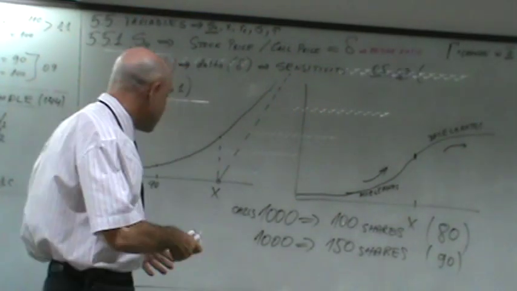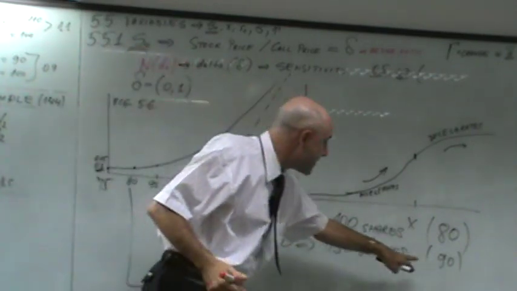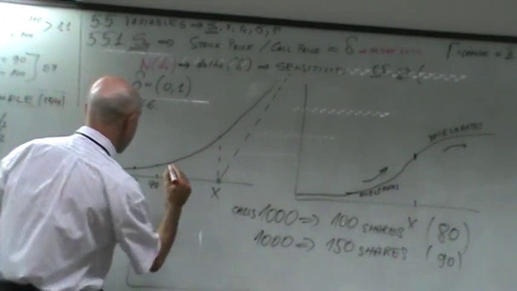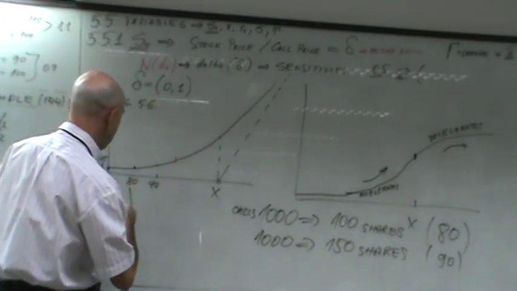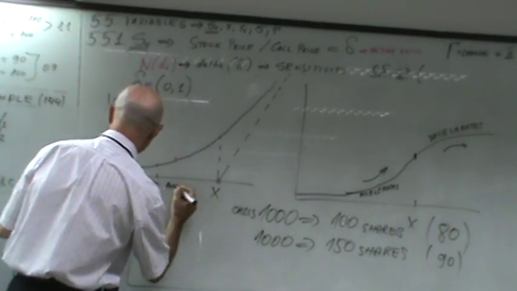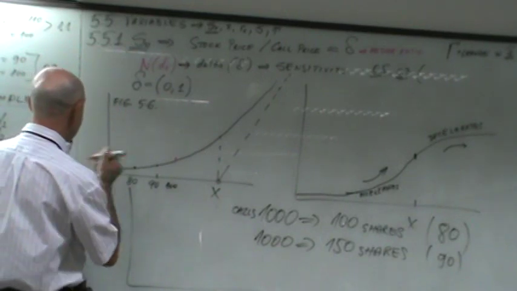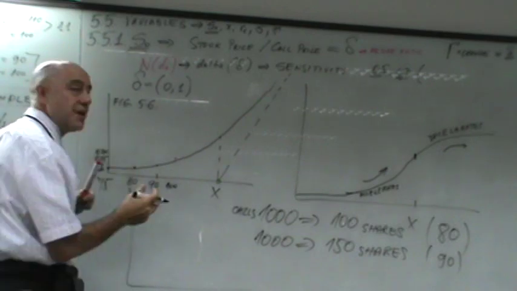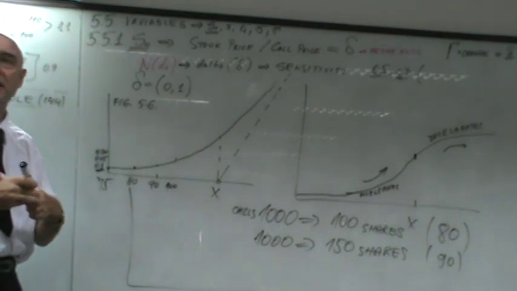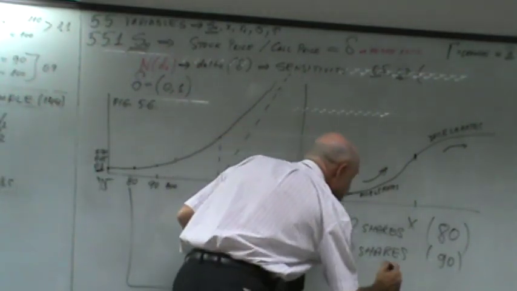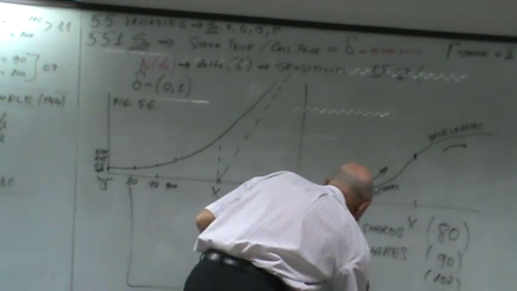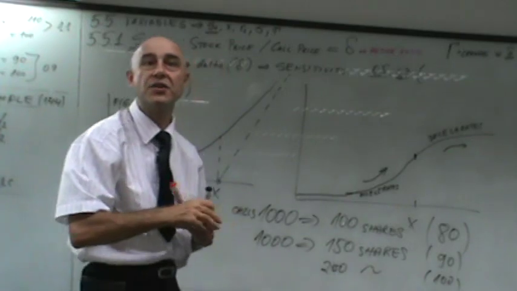So when the price goes to, let's say, 100, how many shares are you going to need? You're probably going to need now 0.2, about. I'm just making the numbers up. So when it goes to 100, you need to have 200 shares.